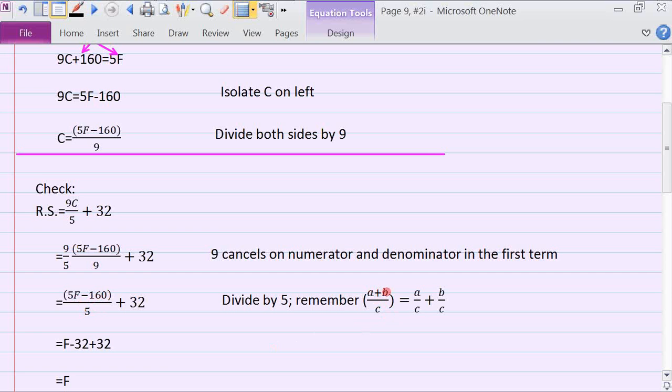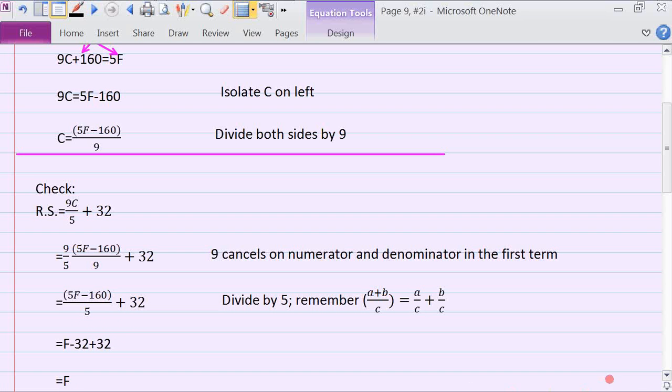So if you have a plus b over c, this is equal to a over c plus b over c. So I've got two terms here. I divide 5f by 5 and I get f. I divide minus 160 by 5 and I get minus 32. And then I have the plus 32, minus 32 plus 32 equals f.